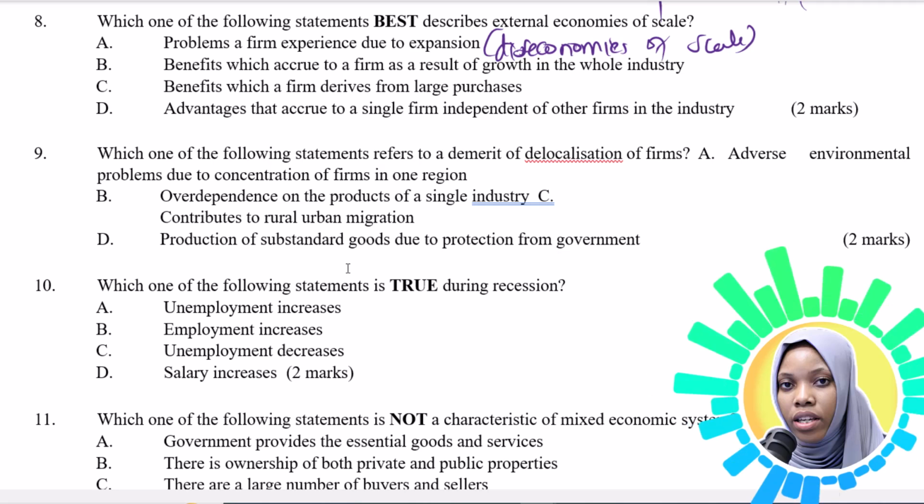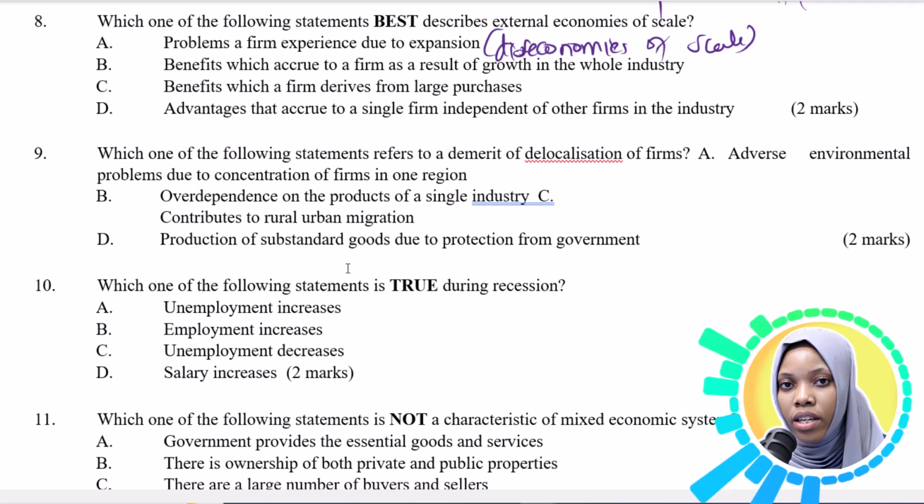Choice B, benefits which accrue to a firm as a result of growth in the whole industry. It best describes external economies of scale.